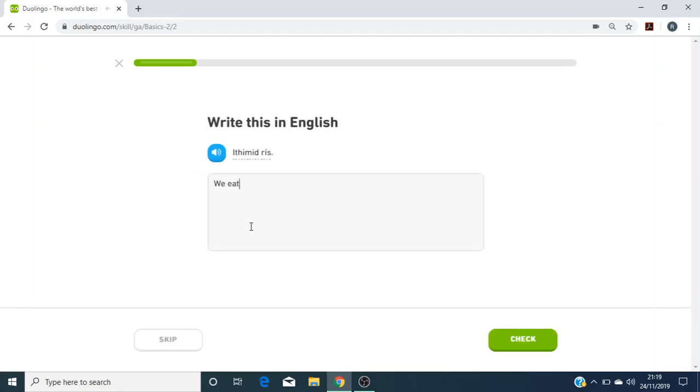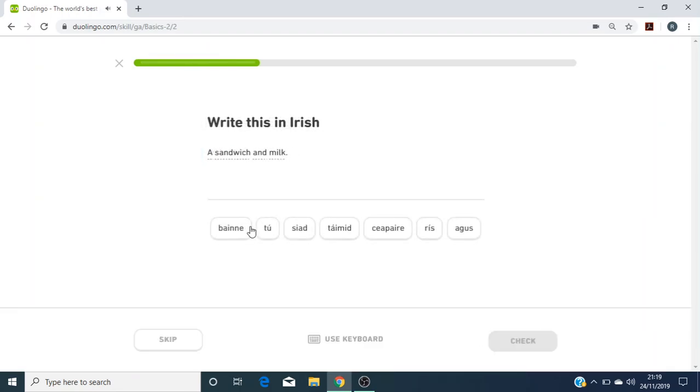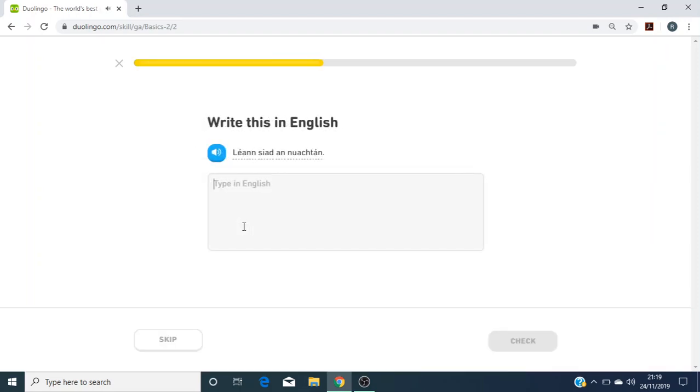We eat rice. A sandwich and milk. Cáis, caife, agus bainne. Léim siad an nuachtán. That's they read the menu, the newspaper.